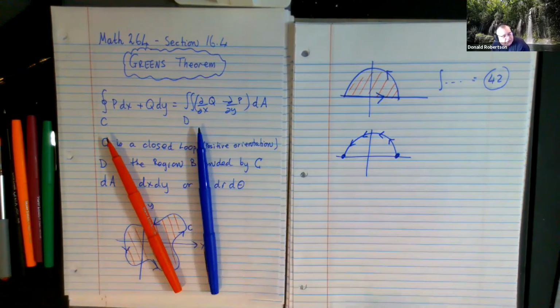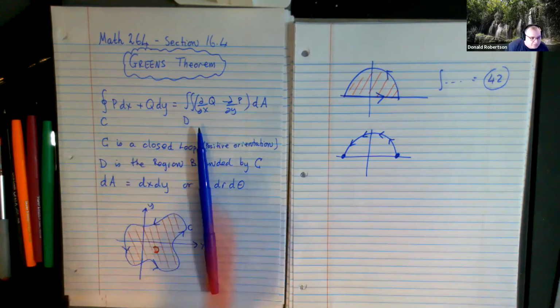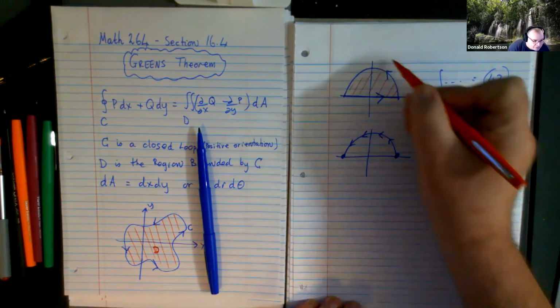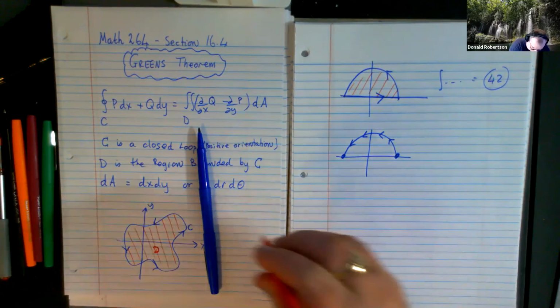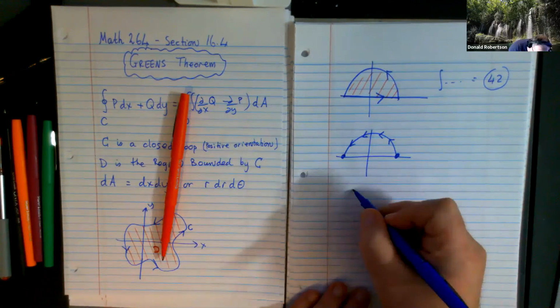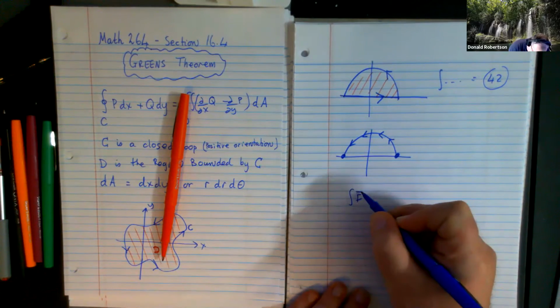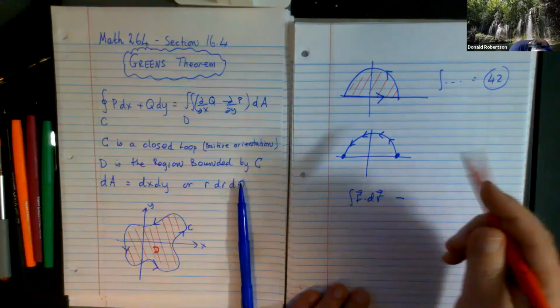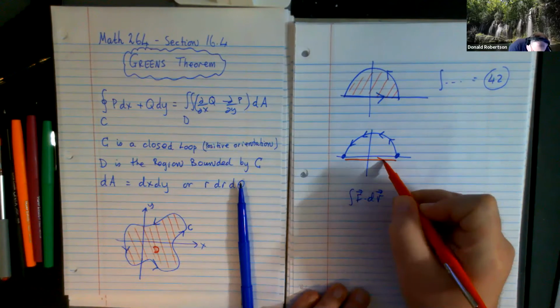How could we find it using Green's theorem? Well, we know this answer, right? So call it the integral of F dot dr. Can't you just subtract that little line integral?